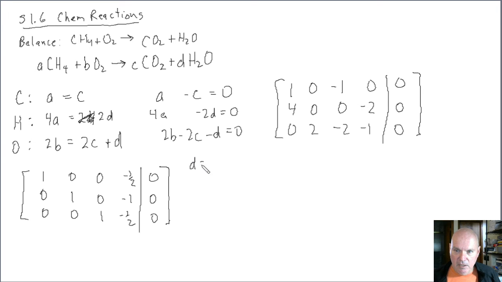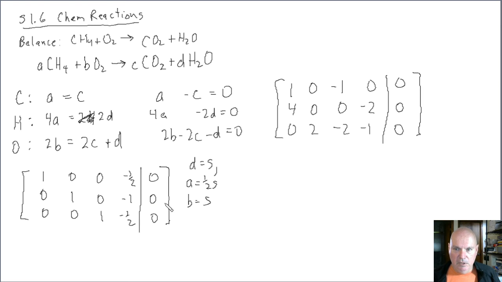So I'm going to let D equal S and then solve for A. A is going to be 1/2 S from this first row. B is going to be equal to S. Remember, this corresponds to B minus D is equal to 0.